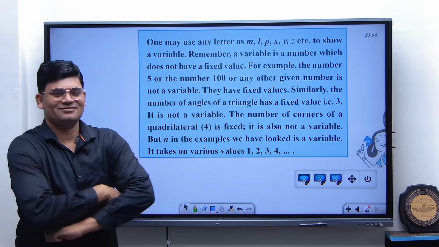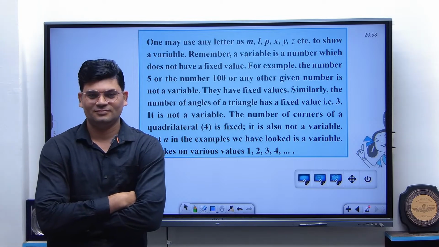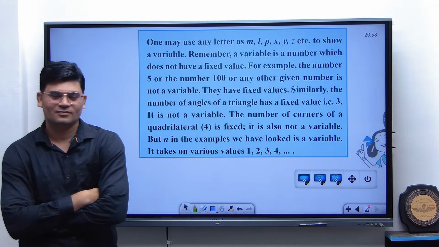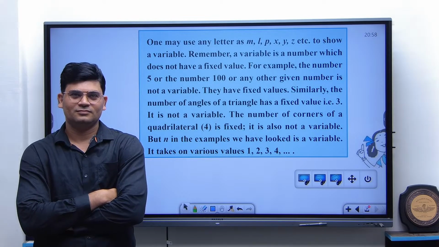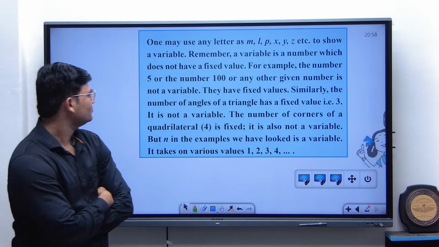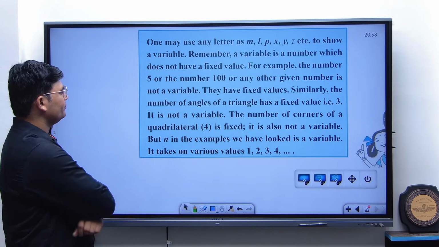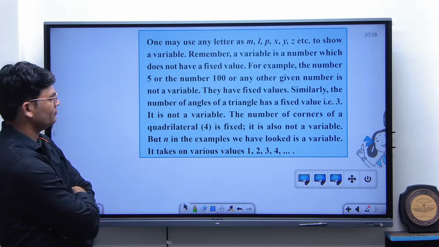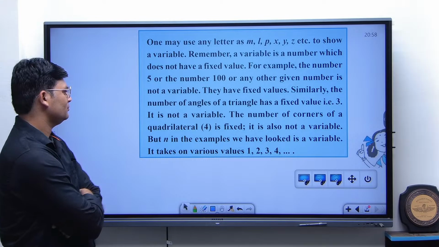One may use any letter as m, l, p, x, y, z, etc. to show a variable. Remember, a variable is a number which does not have a fixed value. For example, the number 5 or number 100 or any other given number is not a variable. They have fixed values. Similarly, the number of angles of a triangle has a fixed value.